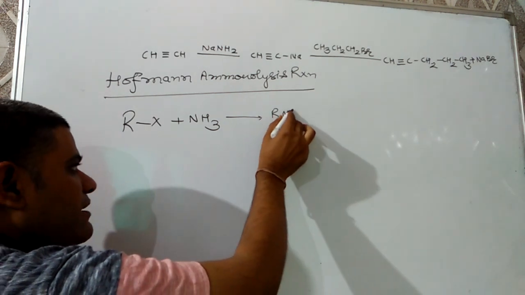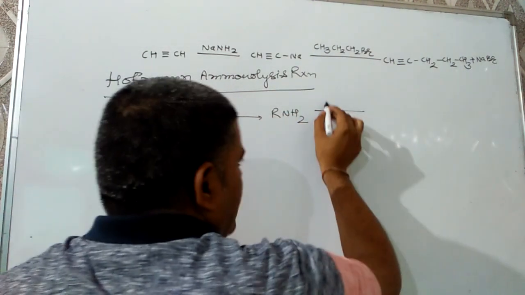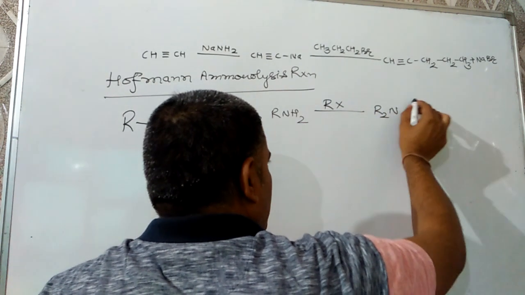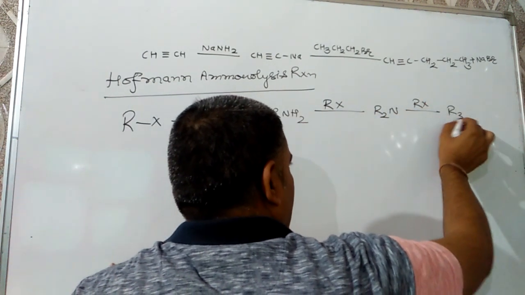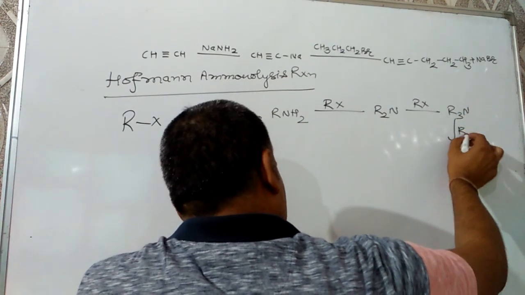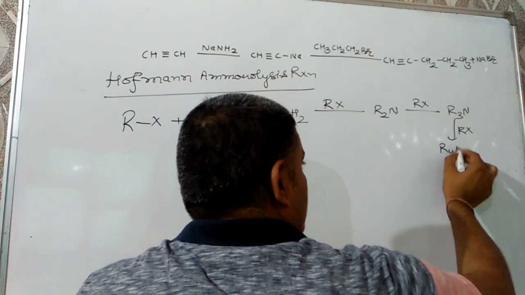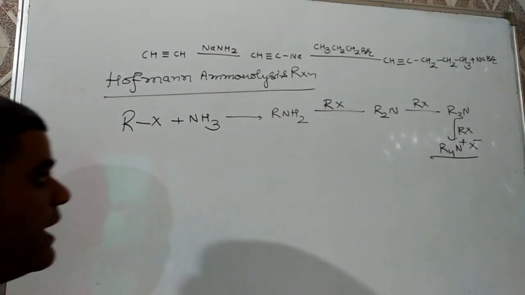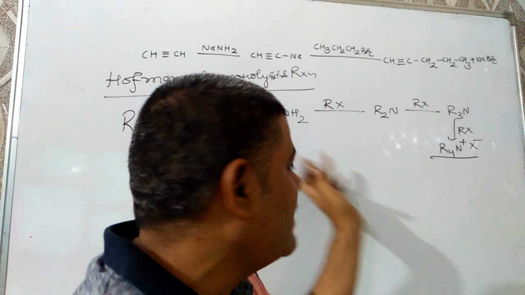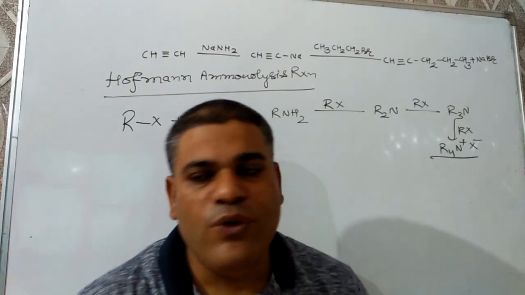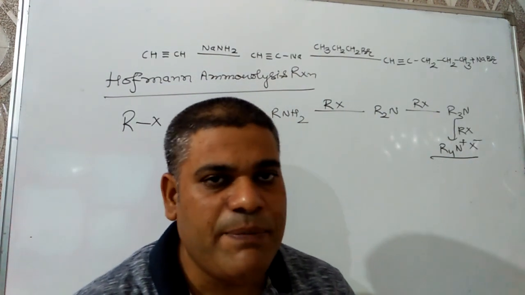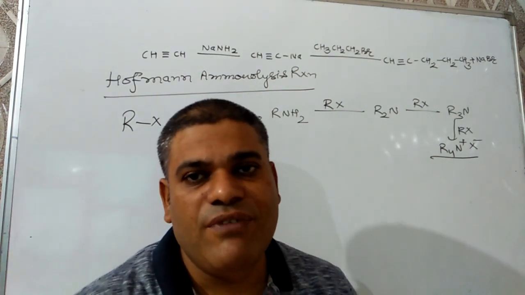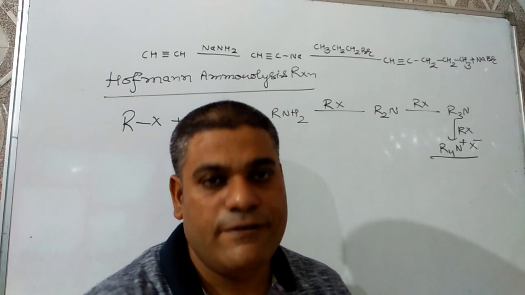First, a primary amine is formed, which can react with haloalkane again to give a secondary amine, that can further react to give a tertiary amine, and that can further react to give a quaternary ammonium salt. This reaction is known as Hofmann ammonolysis. If ammonia is in excess, the major product will be primary amine. And if haloalkane is in excess, the major product will be quaternary ammonium salt.